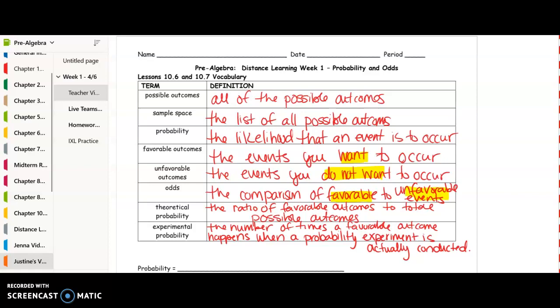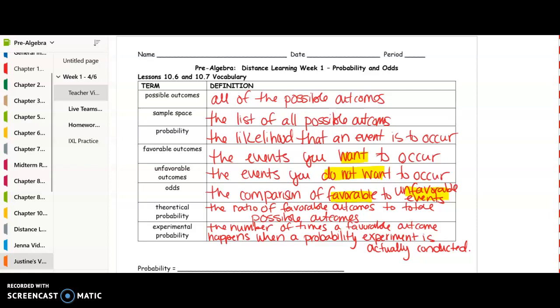And then we have theoretical probability. That is basically what is supposed to happen. If you were to do an experiment, like what should happen. For example, if we were flipping a coin, we should land on heads 50% of the time. So it is the ratio of favorable outcomes to total possible outcomes. Experimental probability is if I actually gave you a coin and told you to flip it 10 times, not all of you would necessarily get heads 5 times and tails 5 times.